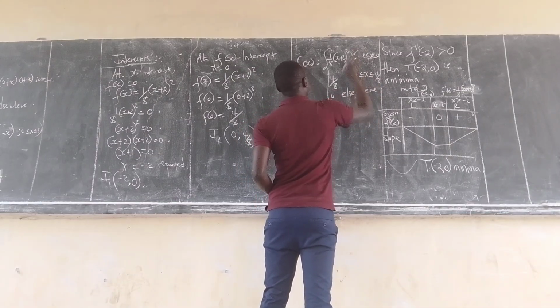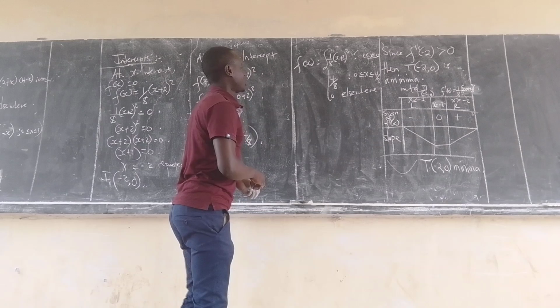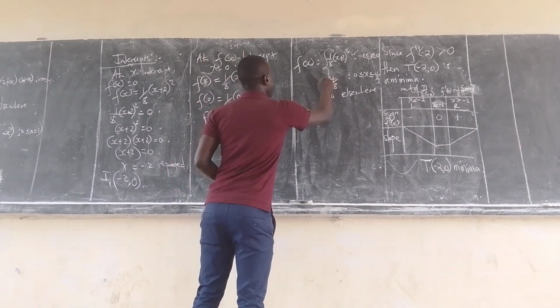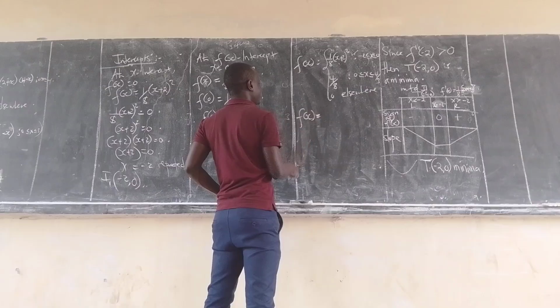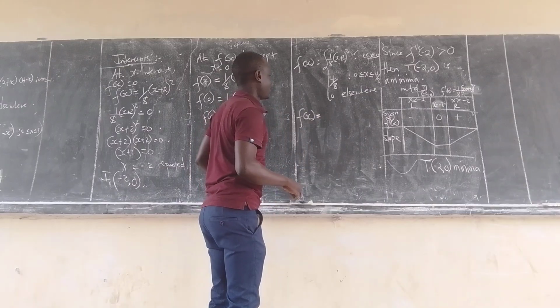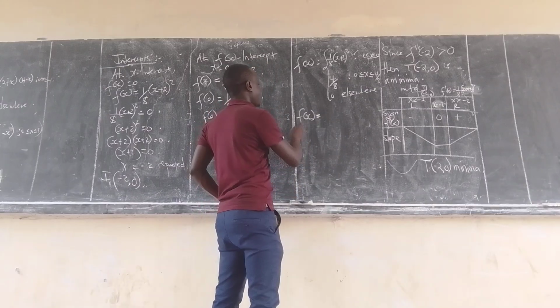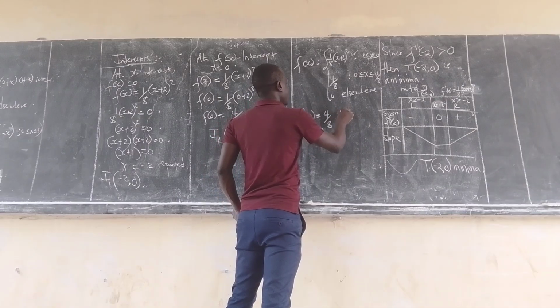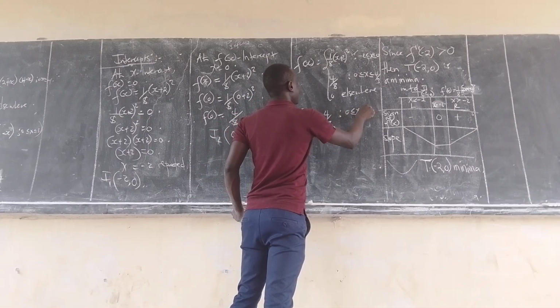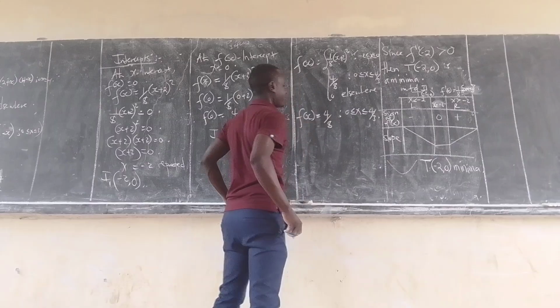So we are done with that part. Now we want to progress to the next part, which is this. So my f of x, identifying f of x for the next interval. My f of x is 4/8. This is when x runs from 0 up to 4/3.